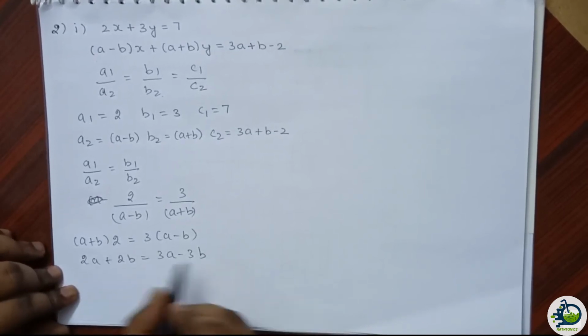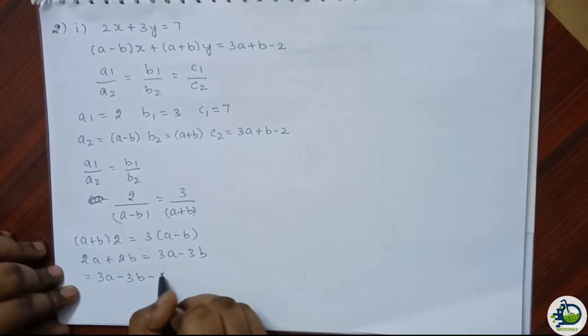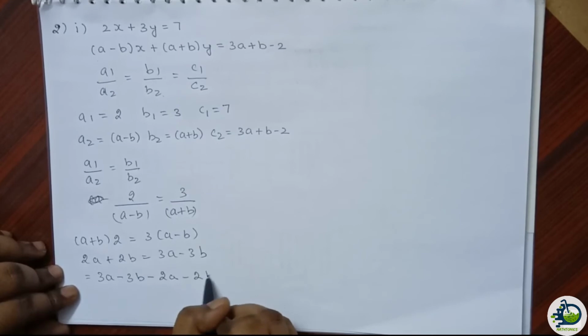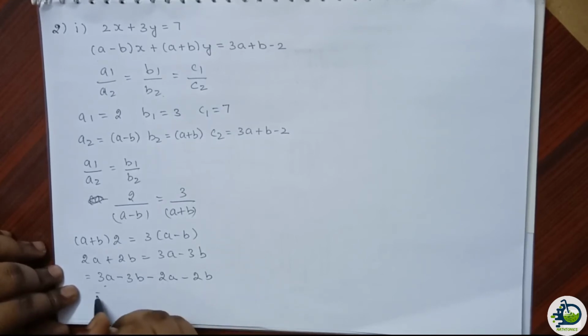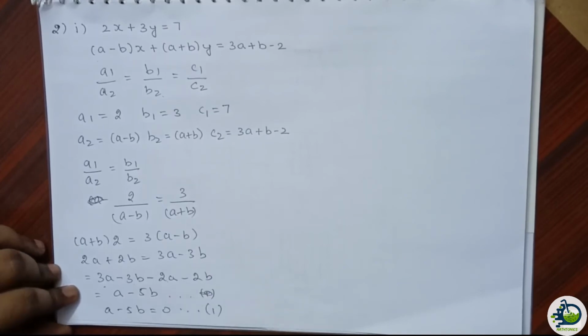When we take everything to one side, we are getting 3a minus 3b minus 2a minus 2b. So 3a minus 2a is a, and minus 3b minus 2b is minus 5b. So that is a minus 5b equal to 0, our first equation.